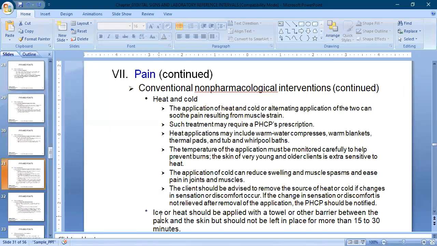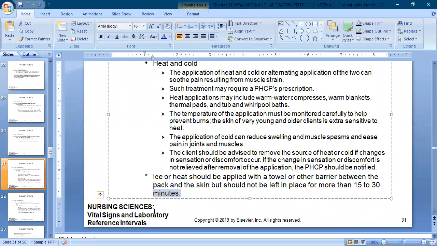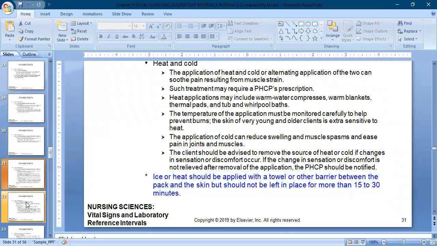If you give ice or heat, it should be applied with a towel or other barrier between the pack and skin, and should not be left in place for more than 15 to 30 seconds. So we will not put it directly on the skin.